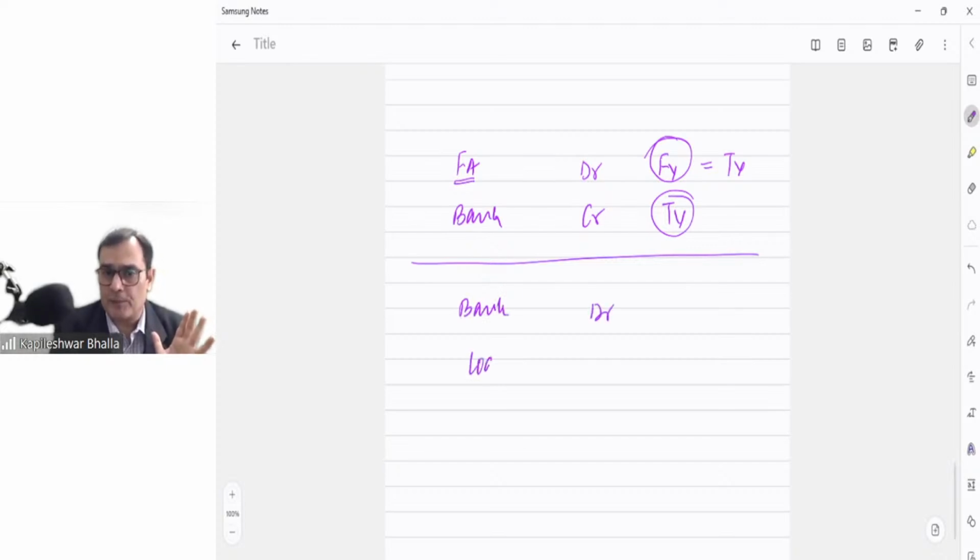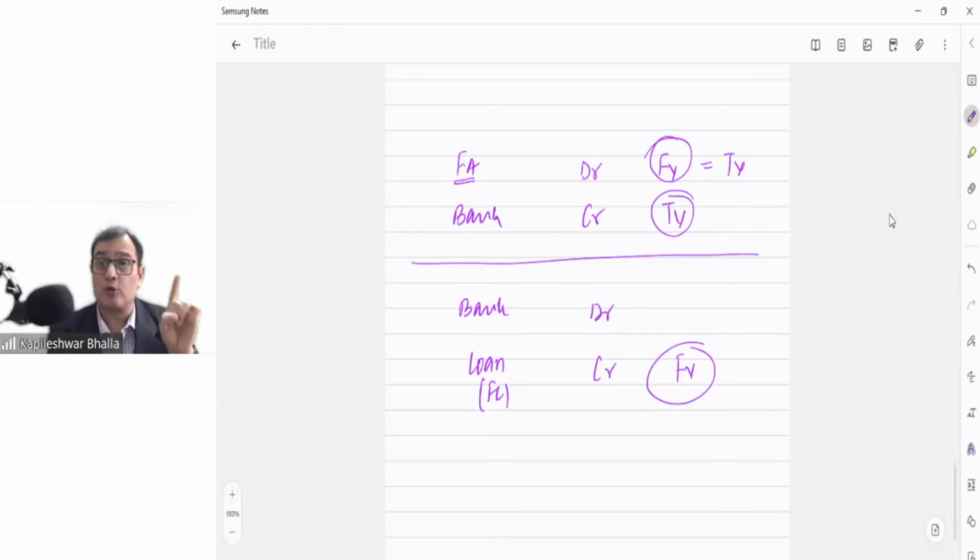The entry is bank account debit and loan will be given a credit, that is financial liability. The financial liabilities are also initially taken at a fair value and the bank will be taken at a transaction value, which for the time being, I'm considering the same.